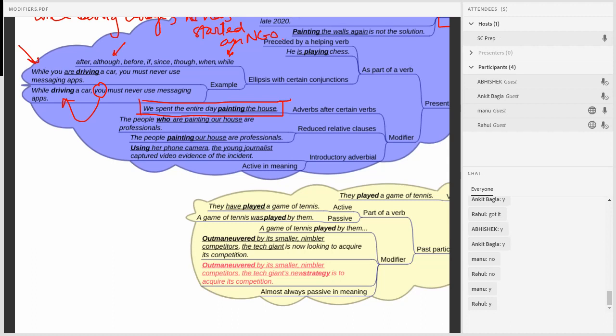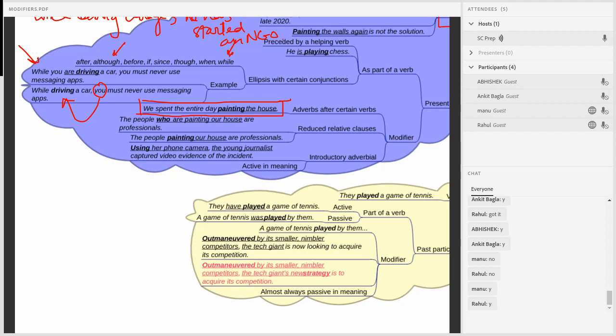Yeah. Perfect. The only thing I wanted to check over here is sometimes people say that this painting is wrong because it's modifying day, that it's telling you which day you spent. No, it's modifying spent. It's telling you how you spent the day. But fair enough. The meaning that you gave is correct, and that's what I want to confirm.